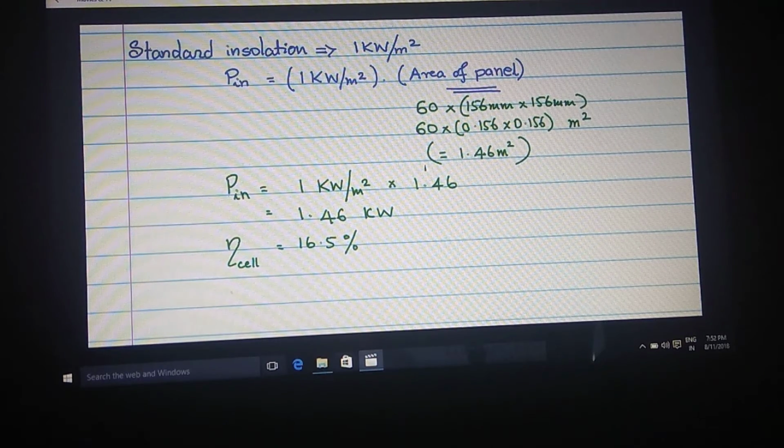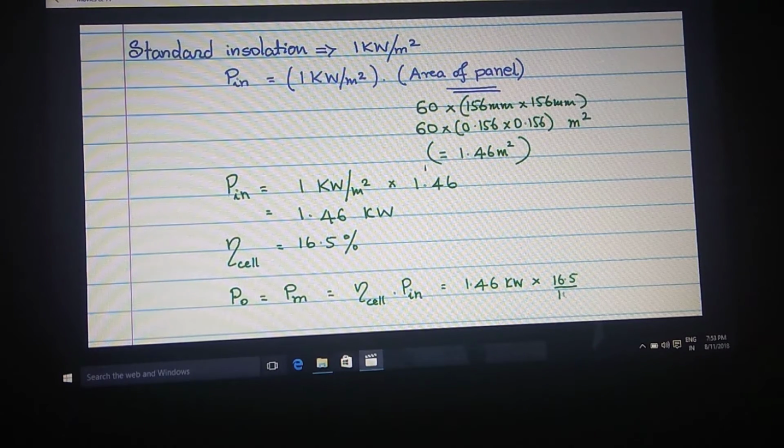Therefore, P naught, which is equal to PM, the max power, will be efficiency of the cell into P in, which is 1.46 kilowatt into 16.5 by 100, which is approximately 240 watts.